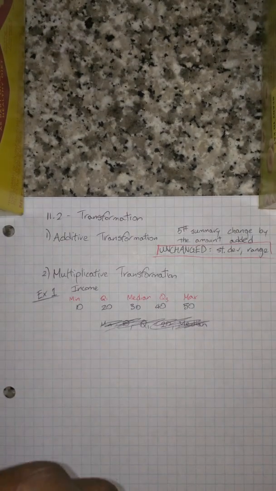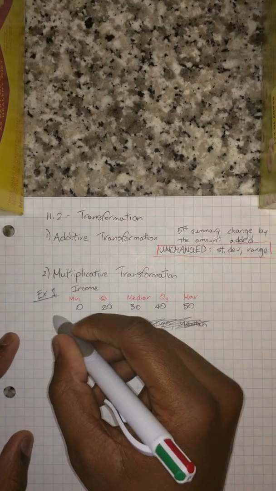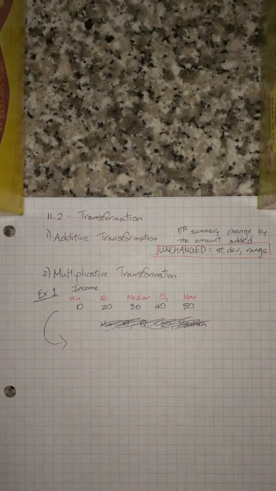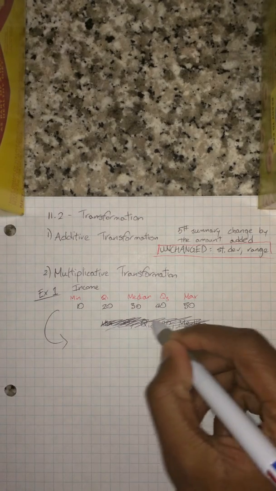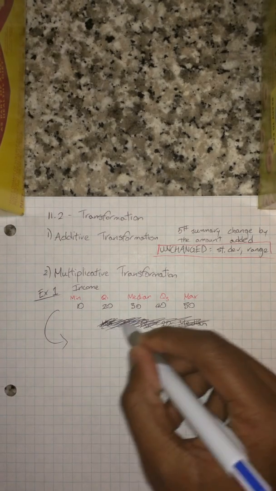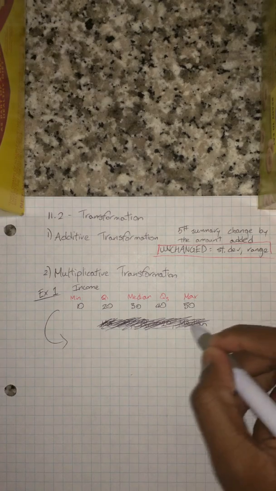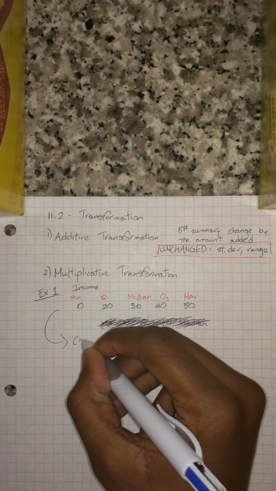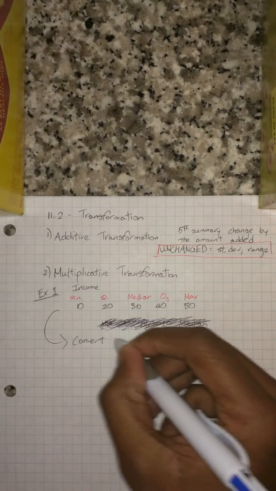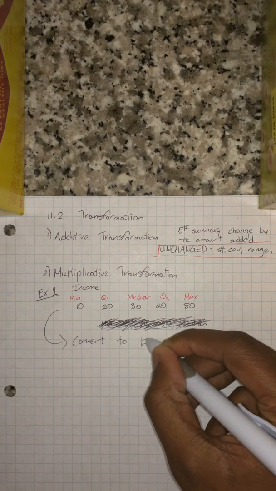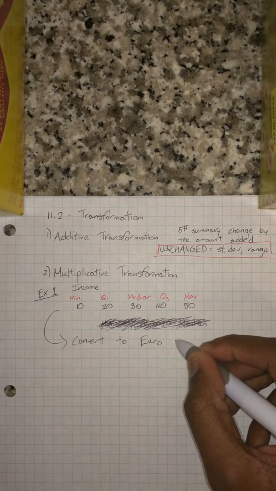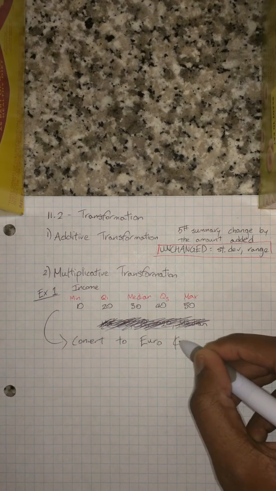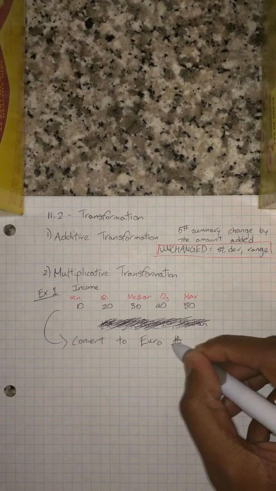So let's say I want to travel to Europe, and I want to figure out whether they have the same income spread as Americans. This is not necessarily true, but just for fun, let's say I wanted to convert this to euro. I forgot the symbol for euro, but where you would put a dollar sign, you'd have the euro sign. I think it looks like that.